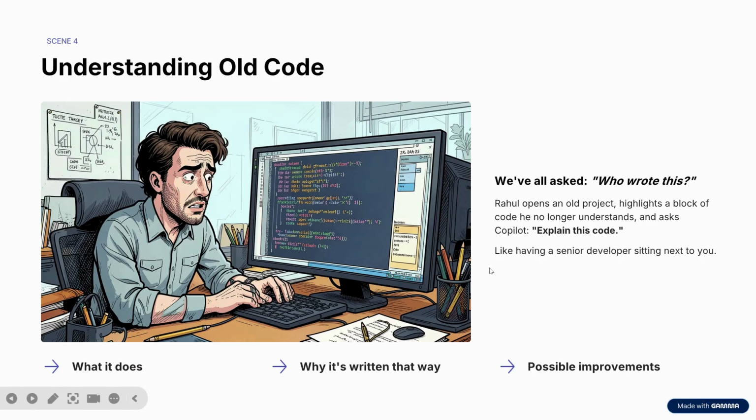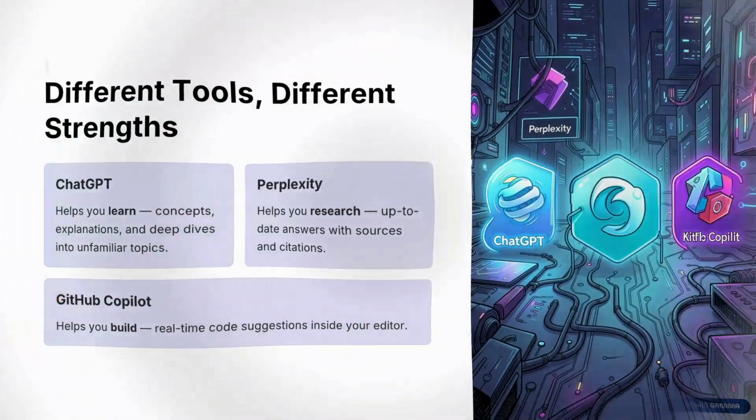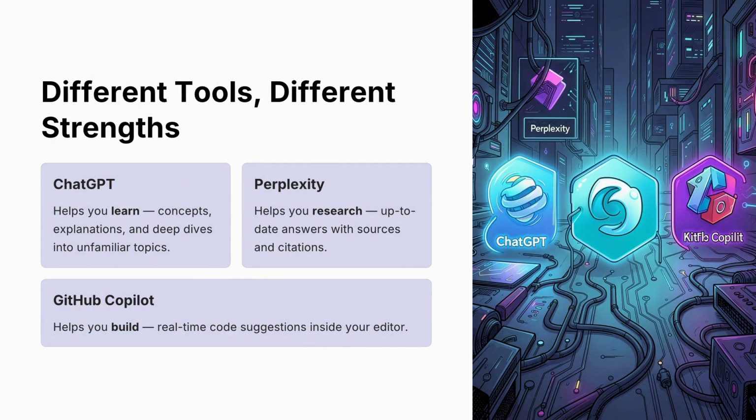At the end of the day, Rahul thinks about everything that happened with Copilot and how it benefited him. It helped him write code faster, remember syntax, build features very quickly, and understand the existing code.